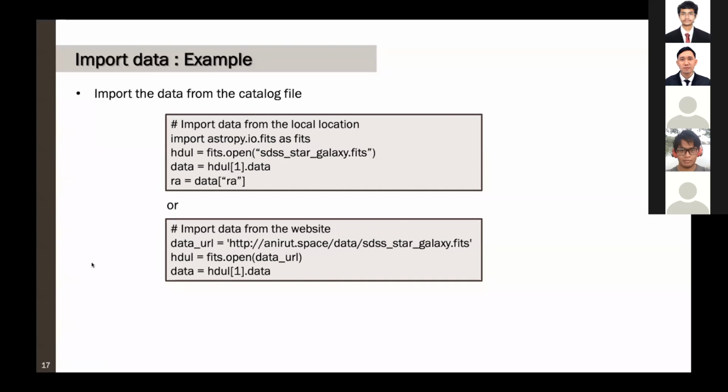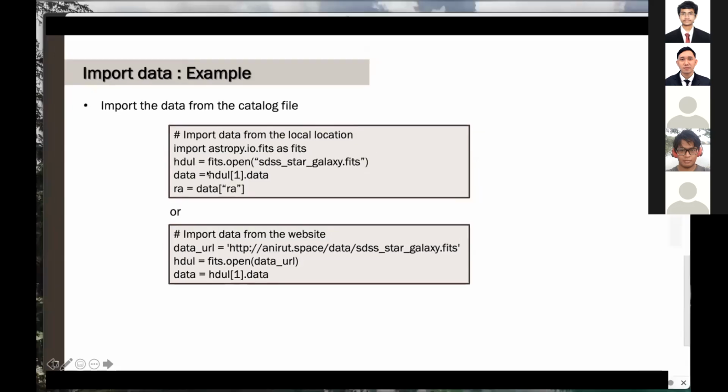I just show that we can use this, and okay, you open the FITS file, and then to handle the data you call the data from the FITS header here, and then you have the data here. And if you want to assign the data, you need to go to a specific column, for example, RA. Okay, I will show you in detail first.